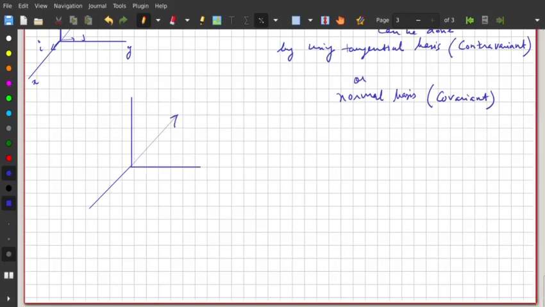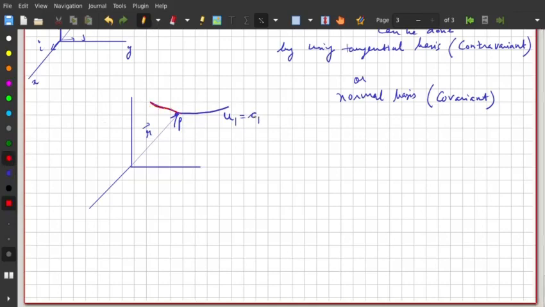So let's say we have a vector R at a point P, and at that point P we have some isosurface. This is point P, and this is the isosurface given by u1 equals c1.